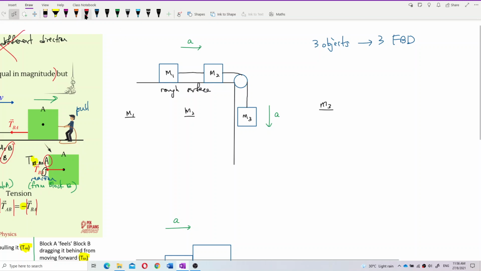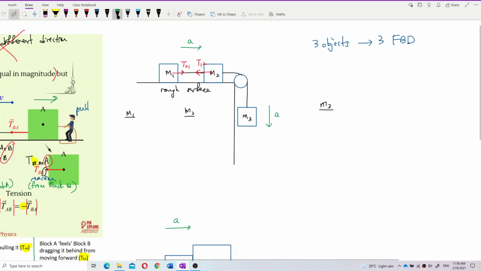Mass 1, we can say it experiences the tension, so this should be T21. And who experiences the T21? It is the letter behind, 1, isn't it? And this should be T12. On this string, this is an action-reaction force. These two forces are equal.